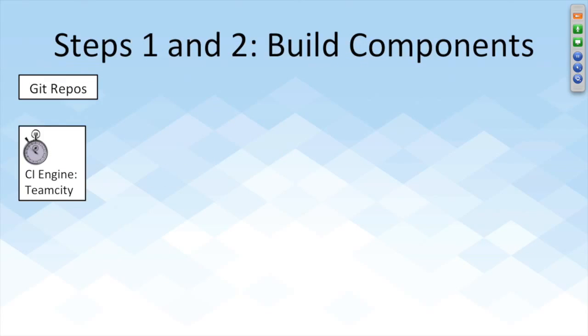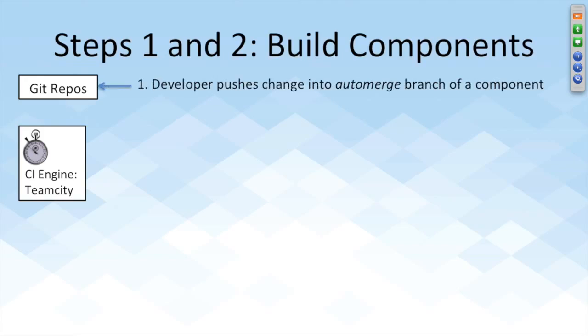So let's talk about how we build the product from the components to the final image. And let's start with those components. So the way it works is, as I said, each component is mapped to a single Git repo. And when a developer is ready to commit a change and push it, we ask the developer to push the change not to the master branch of the repo, but instead to something called an auto-merge branch.